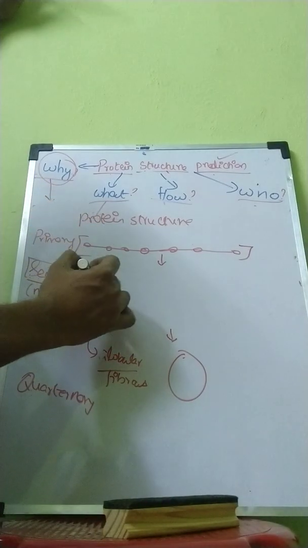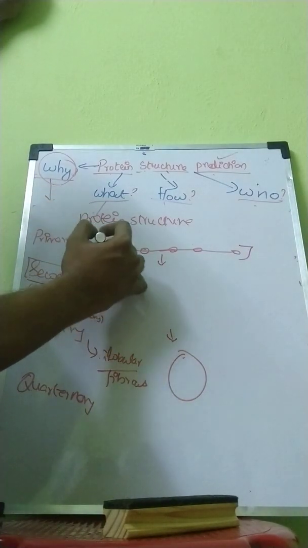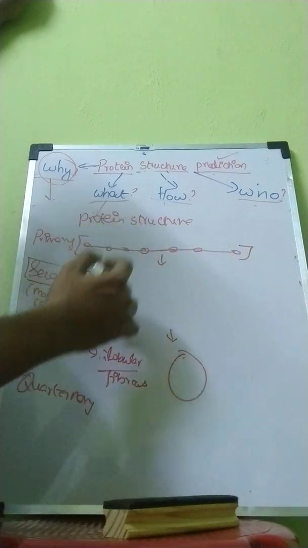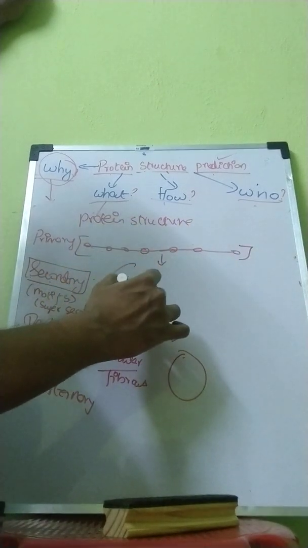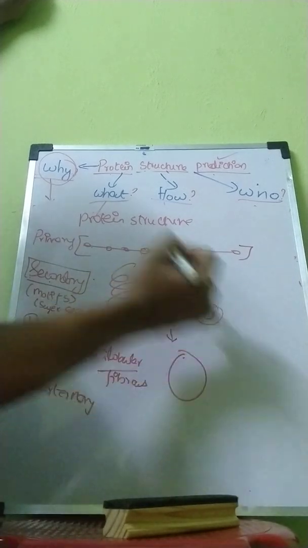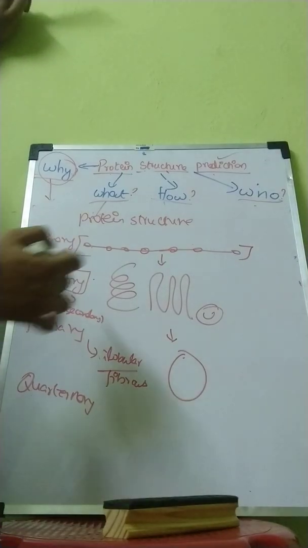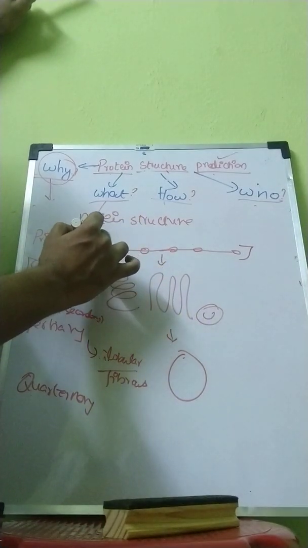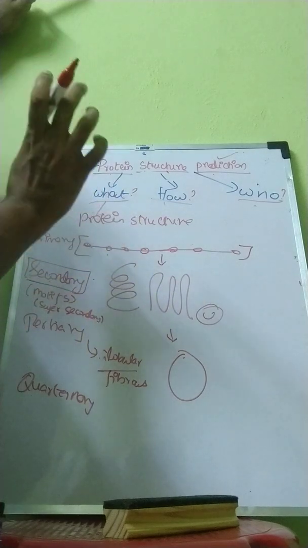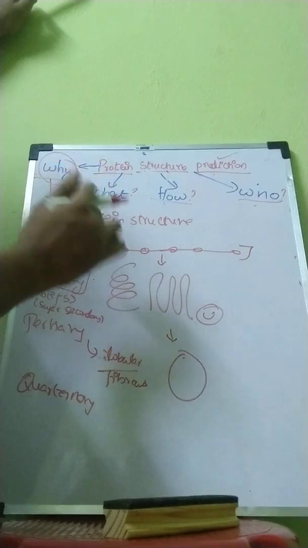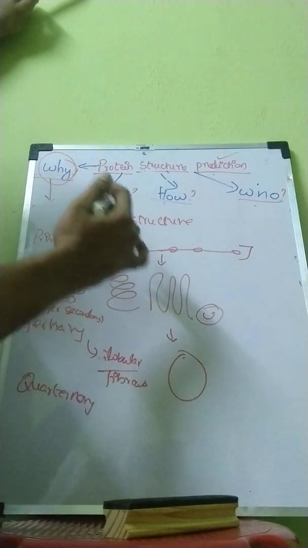So these secondary structures are generated from the polypeptide chain in three forms: one is alpha helix, another is beta sheet, another is beta loop. Based on the number of amino acids organized together by creating hydrogen bonds, different sorts of secondary structures are created.